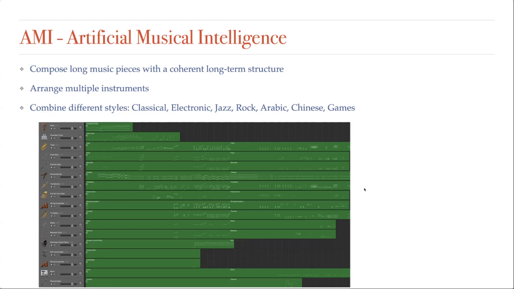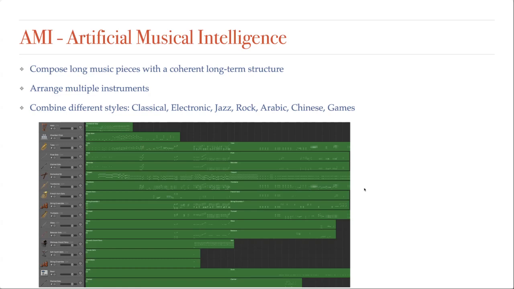Also, AMI can handle various instruments. It can directly manipulate different instrumentations according to the needs. Finally, we train the models on classical music, so that AMI can learn what sounds nice together, what nice chords are, and what melodies sound good.